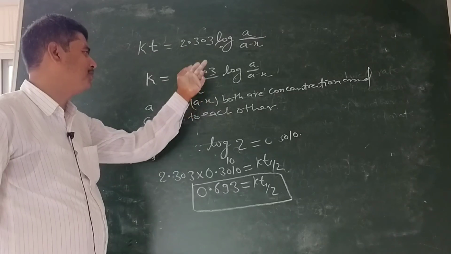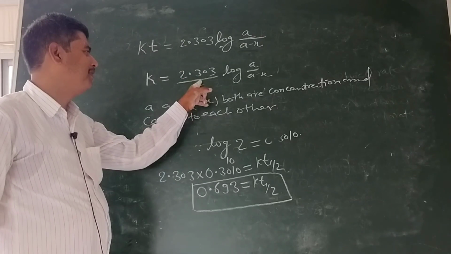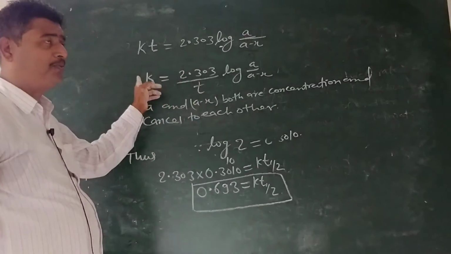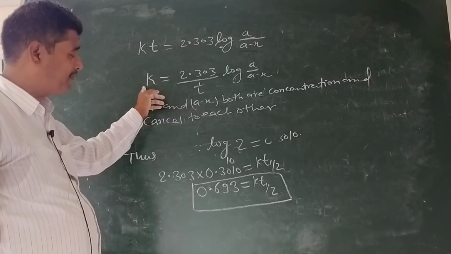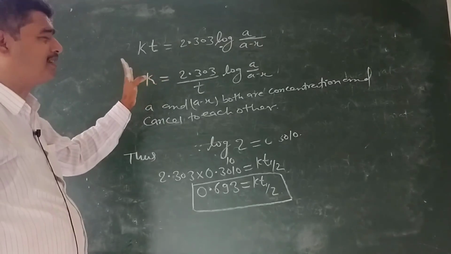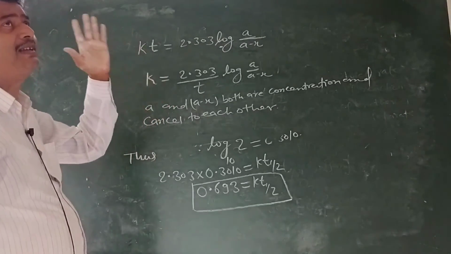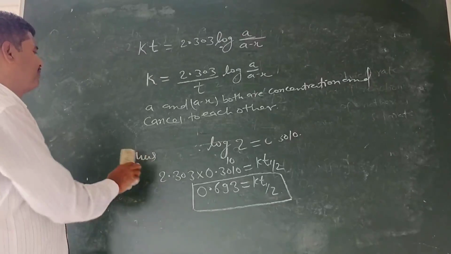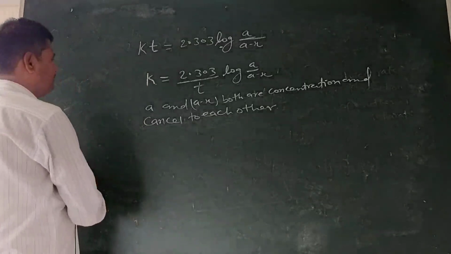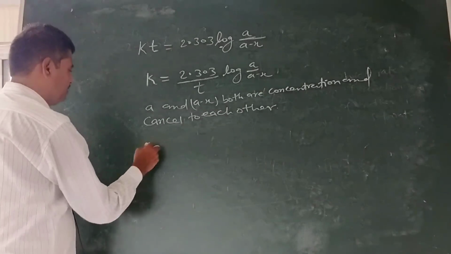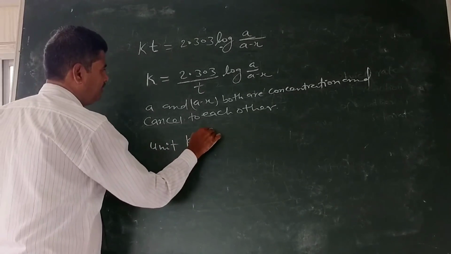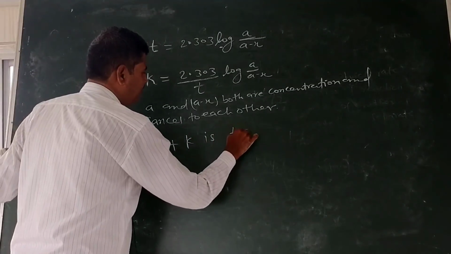When t goes into the numerator, the sign of the power changes. Thus, the unit of the rate constant or velocity constant for the first order reaction is time inverse.